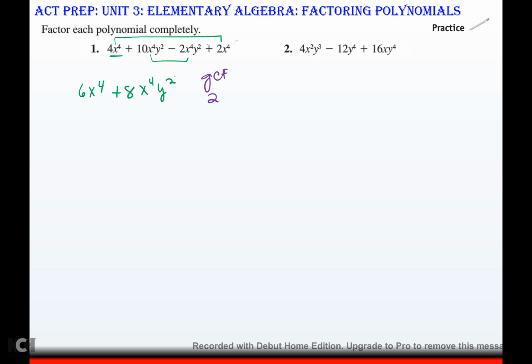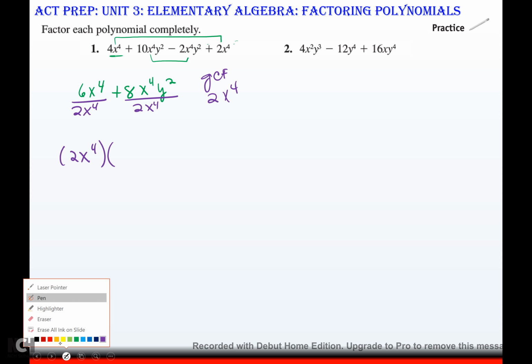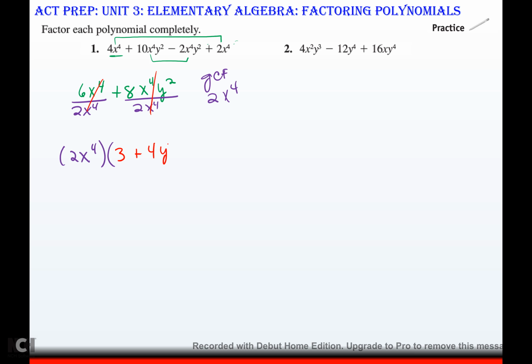And then they have 4 copies of x in common and no y's. So my GCF is 2x to the fourth. To get what's left, I divide by 2x to the fourth. And I would get 3 here, because that would cancel, plus 4, those cancel, y squared. And I'm done.